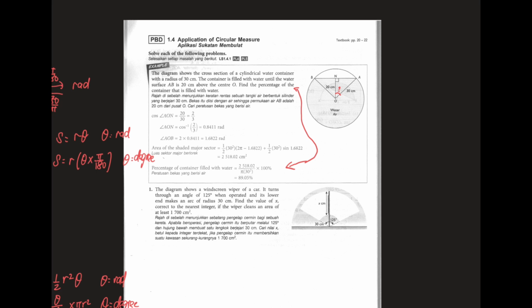In this right angle triangle, we know the adjacent and the hypotenuse, so they use cos. Cos is adjacent over hypotenuse. Then they shift the cos over, use inverse cos, and get the angle in radian. And that is this angle.